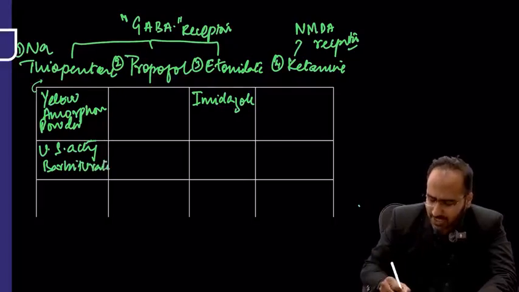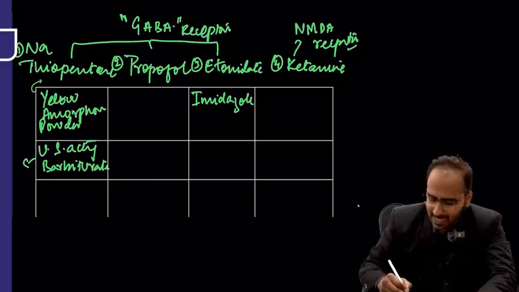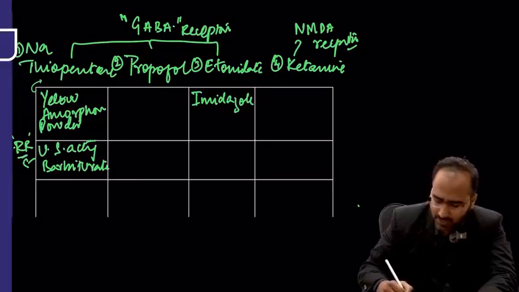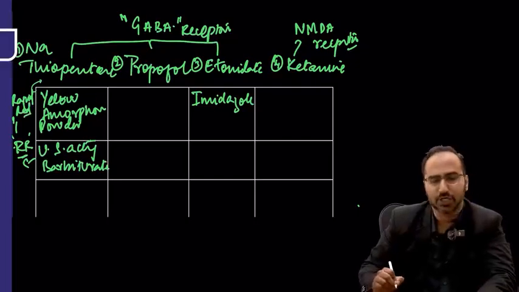Why is it an ultra short acting barbiturate, guys? Because sodium thiopentone has rapid redistribution. Hence it is ultra short acting.